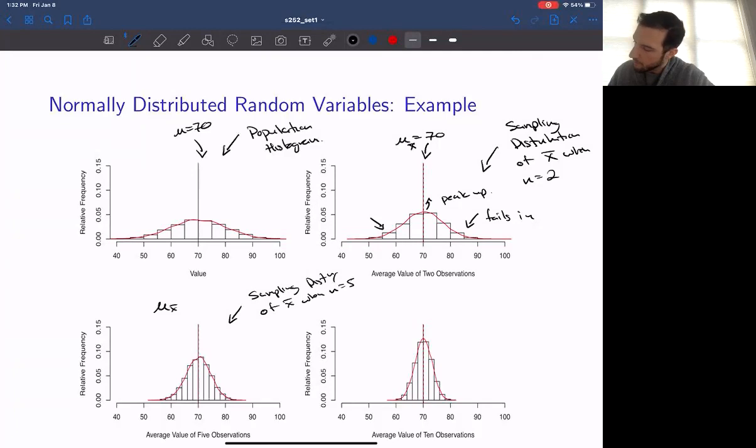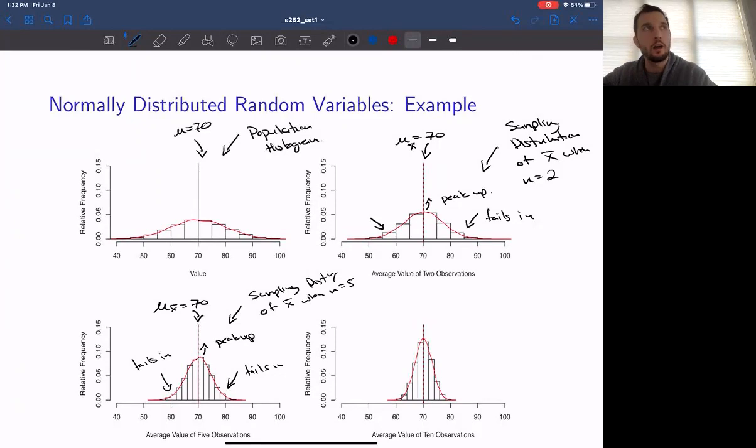So we have mu X bar is equal to 70. And then again, you can see the same relationship. As our sample size increases, the tails move in and the peak is moving up.